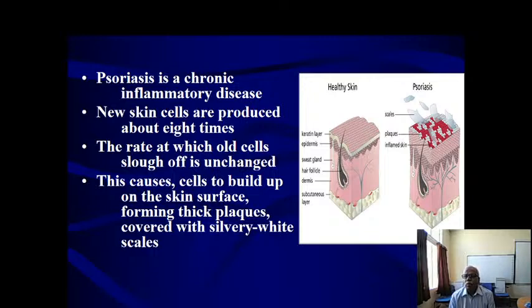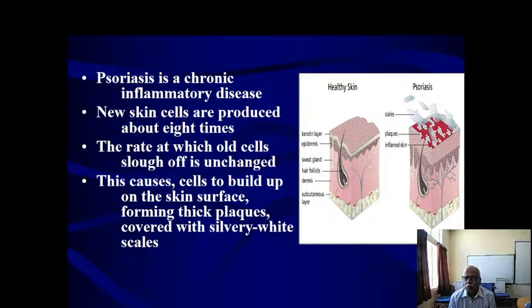So this picture depicts normal skin on the left side, and on the second side you are able to see thickening of the epidermal layer, and there is parakeratosis, that means the persistence of nucleated epidermal cells. Because of the hyperproliferation, naturally there will be more shedding of cells.